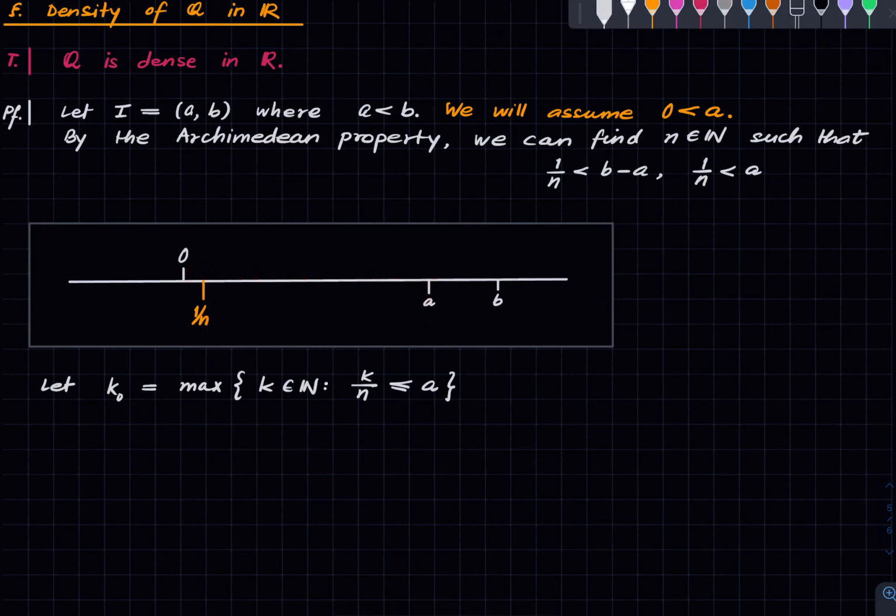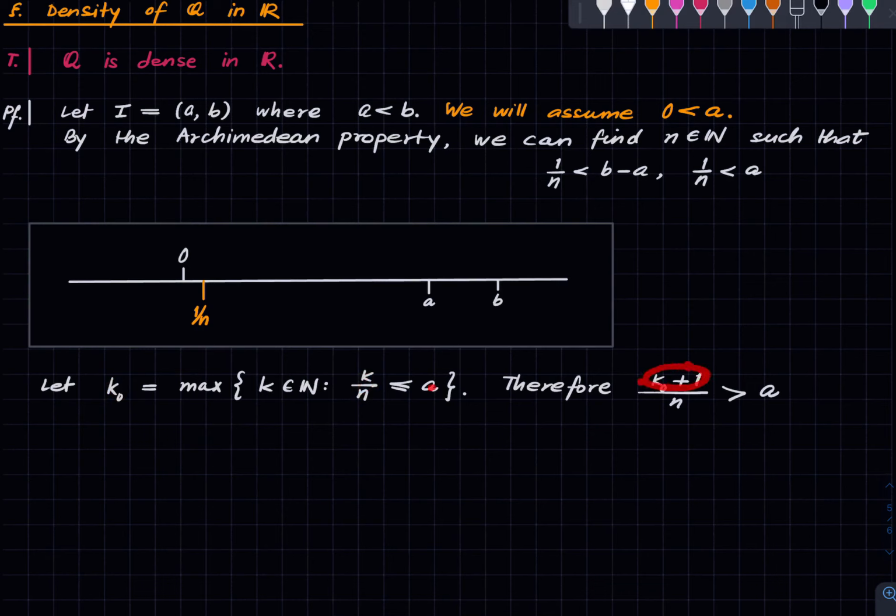Fine. So now this immediately gives, therefore, (k naught plus 1) by n must exceed a. Right? Because k naught is the maximum number of steps that you can take before crossing a.